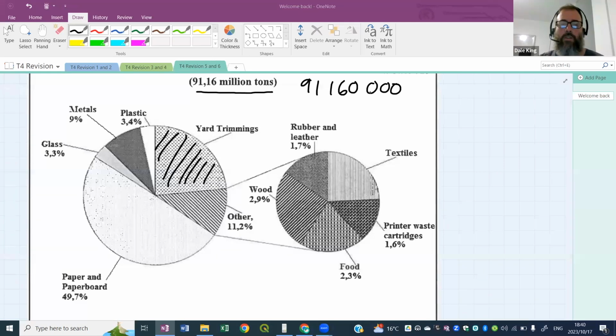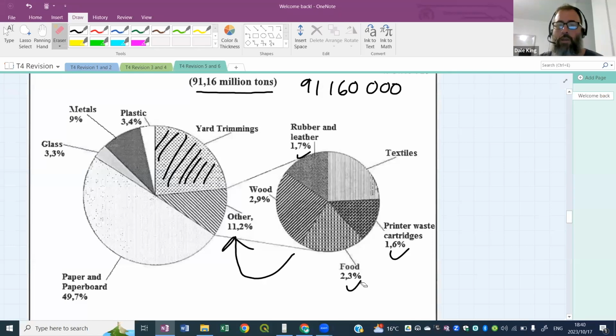Let's see how we do it. So, first thing to remember is that in the second pie chart, all those pieces of that pie belong to this percentage here. So all those little pieces of pie in there, the 2.9, the 1.7, the 1.6, and the 2.3, and textiles, they all belong to this section here called other, which is 11.2, right?